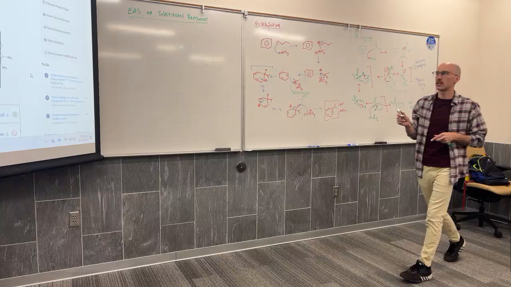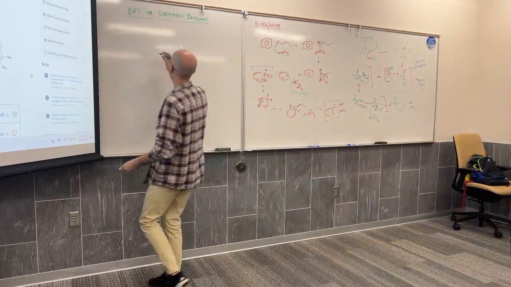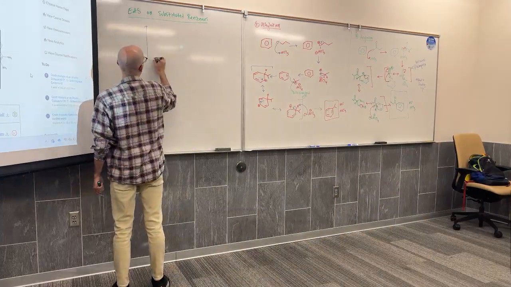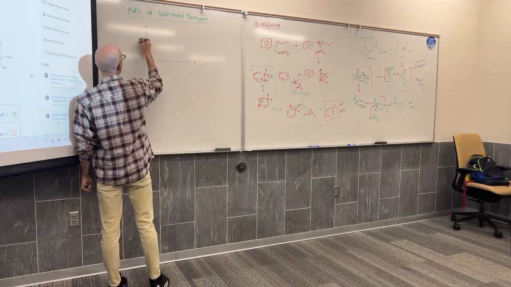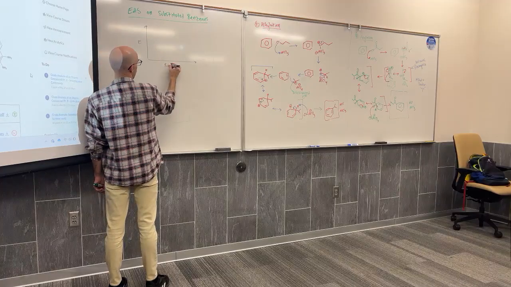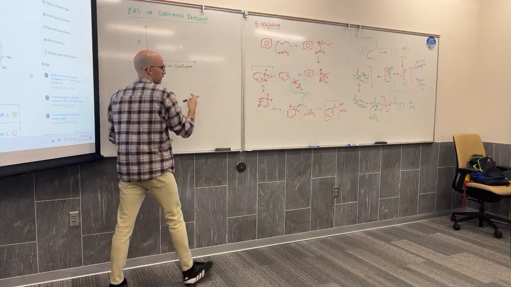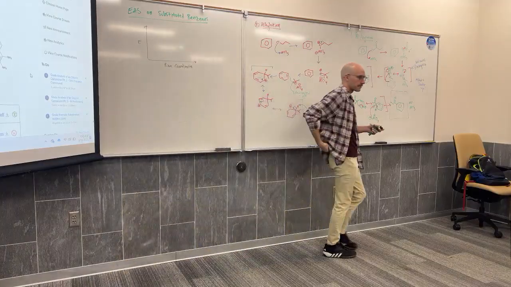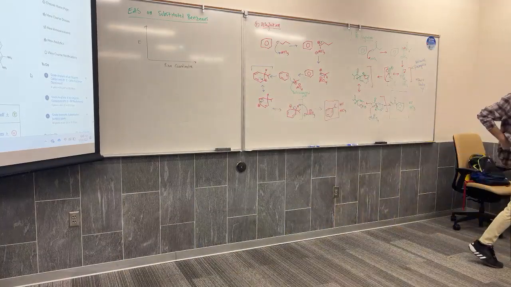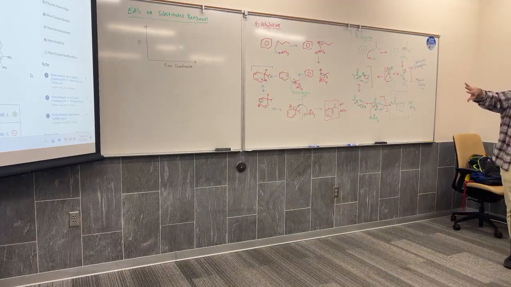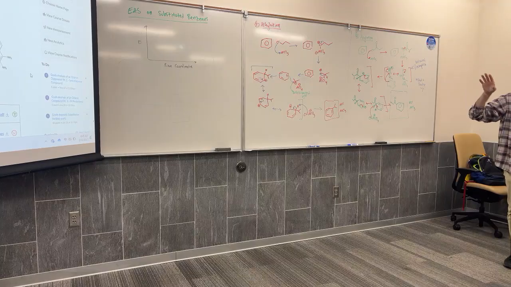I'm going to give us just a quick energy diagram. Here's energy. We call this reaction coordinate, which means I'm looking at something on the left like my starting material and something on the right like my product.